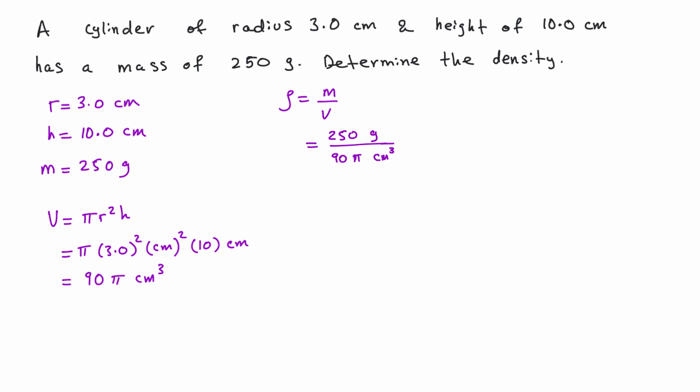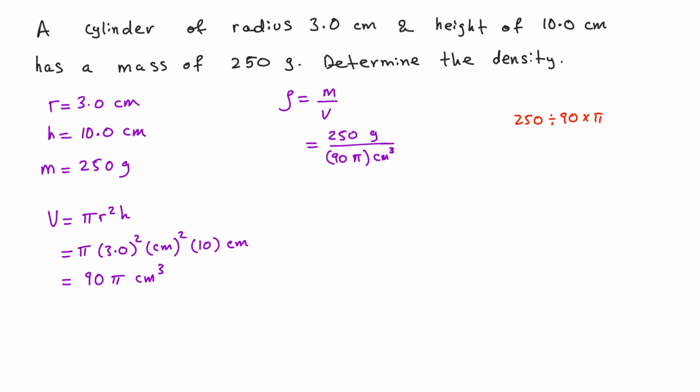Make sure when you do that you put this in brackets, because sometimes students do 250 divided by 90 pi, and then the calculator will use BEDMAS and think that is 250 divided by 90 times pi. So if you don't put the bracket, the calculator might see this as 250 divided by 90 times pi.